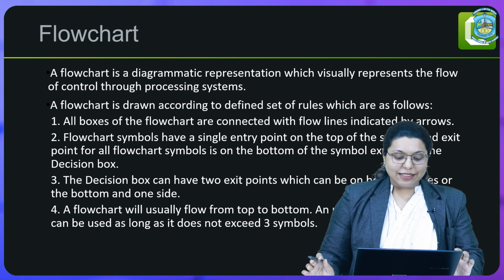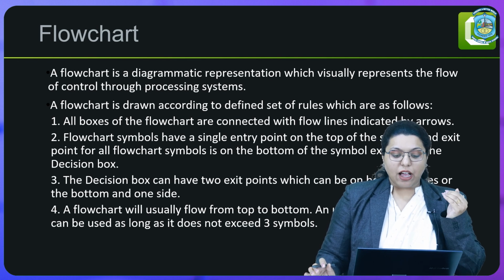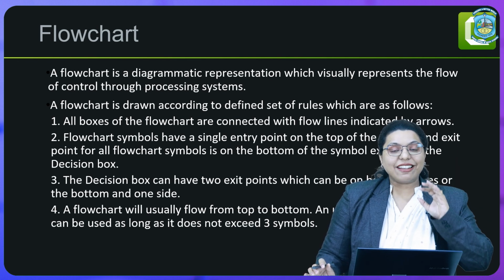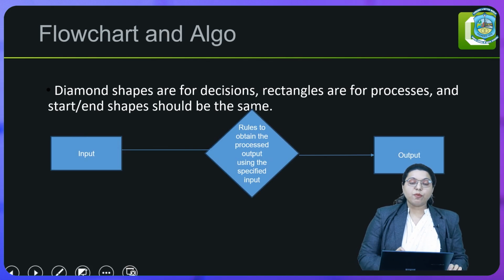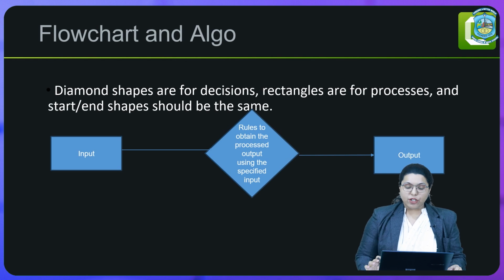There is an entry point in a flowchart. There are arrows to show the flow, and symbols used to identify which image is for what. Now, this is a small example of how a flowchart looks.